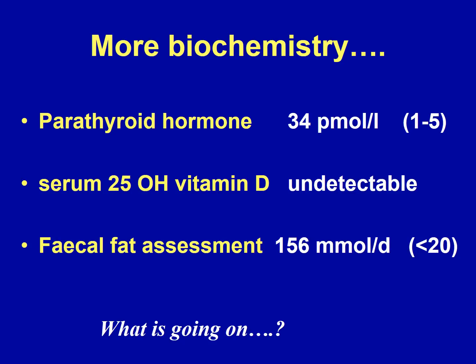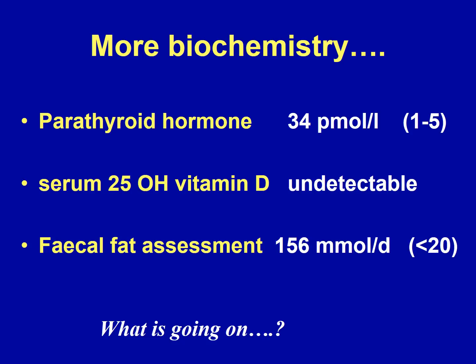Why is she hypocalcemic and hypophosphatemic? Well, she has vitamin D deficiency, so the analyte which reflects body stores of vitamin D, 25-hydroxyvitamin D, was in her case undetectable. And remember that she'd been found to be anemic, both iron and folate deficient, and had diarrhea and weight loss. That combination of findings suggests that she might be malabsorbing.